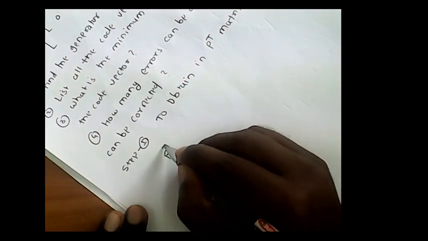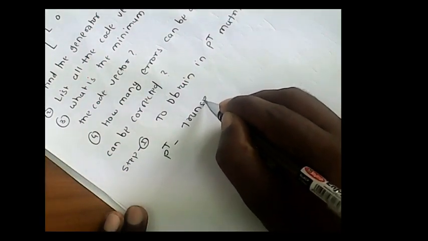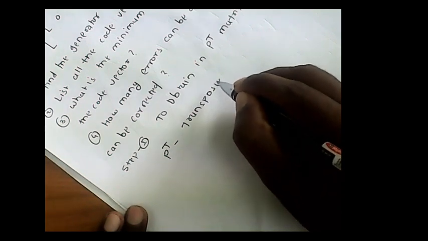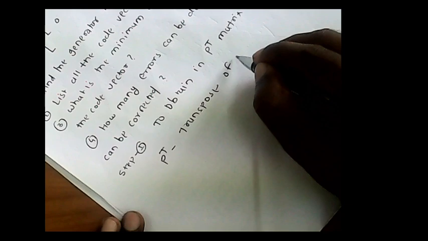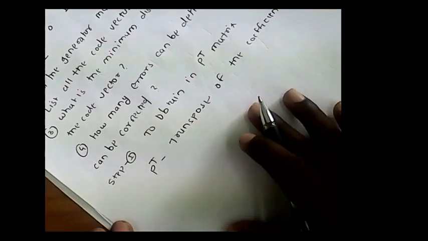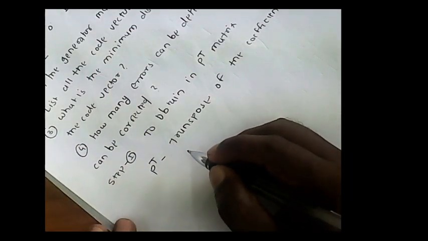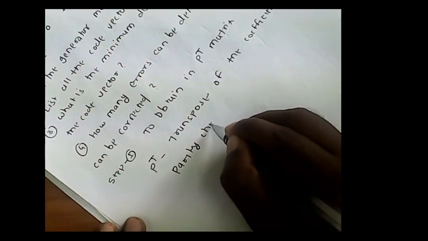So P transpose is the transpose of your coefficient matrix or parity matrix. The parity check matrix is denoted by capital letter H, having dimension n minus k into n.